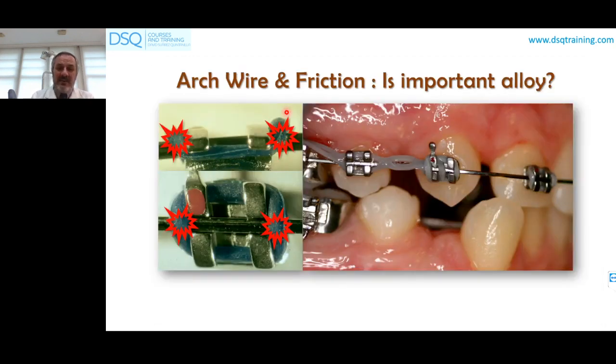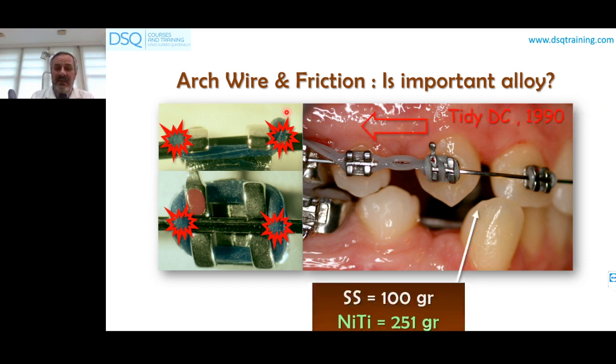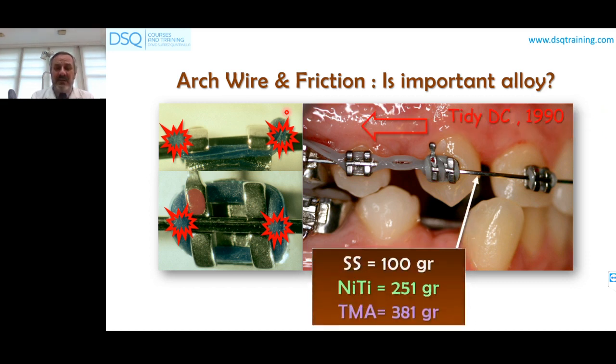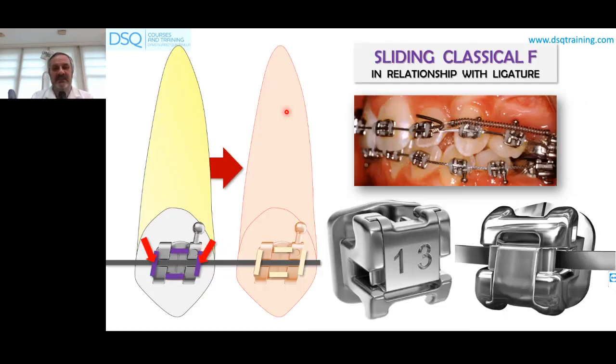And this is a huge problem because nowadays the friction of the surface of the new wires has increased. For example, stainless steel is 100 grams, or excuse me, nitinol is more than double, and TMA is close to 4 times the friction of stainless steel. For this reason I recommend avoiding the classical brackets at the start of the treatment.